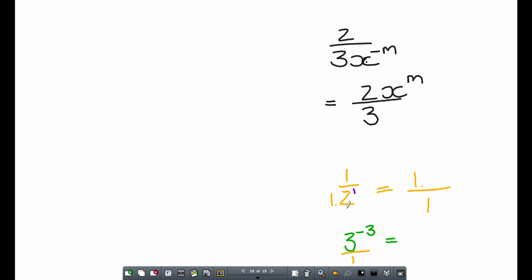The 2 to the power of 1 will move up, so it becomes 2 to the power of minus 1. But do we have to write 1 times that? No. Do we have to write the whole number over 1? No. So let's take that away. That is why it will be 2 to the power of minus 1.